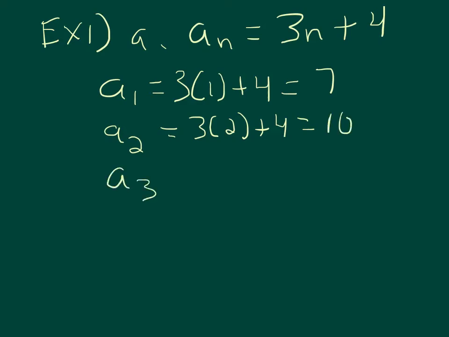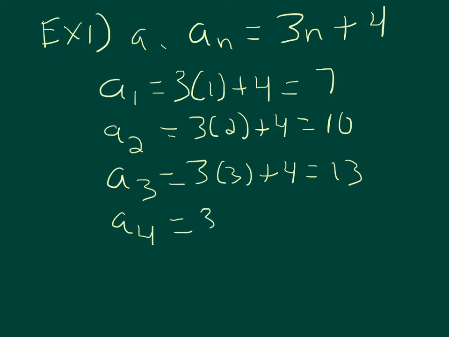And then a sub 3. We got 3 times 3 plus 4. We got 9 plus 4, that's 13. And a sub 4 would be 3 times 4 plus 4. 3 times 4 is 12, plus 4 is 16. And that's part A for example 1.